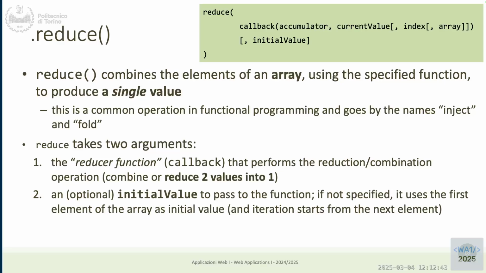Reduce will tell the callback, dear callback, up to now we computed 17 and the current value is 4. If we are computing a sum, then the callback will return 17 plus 4. And 17 plus 4, that will be 21, will be the new value of the accumulator for the callback that will be called on the next element.